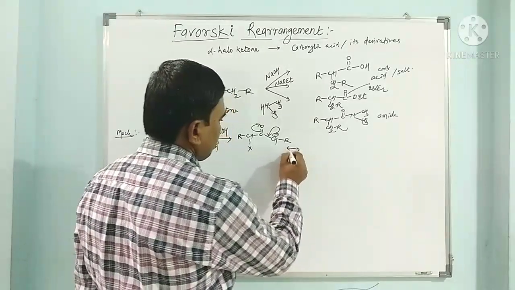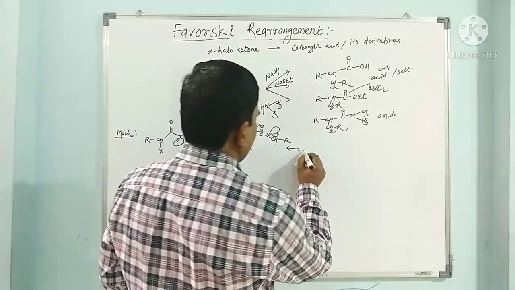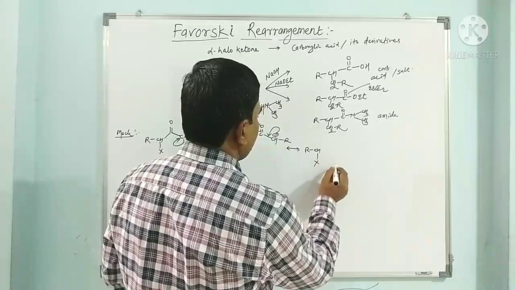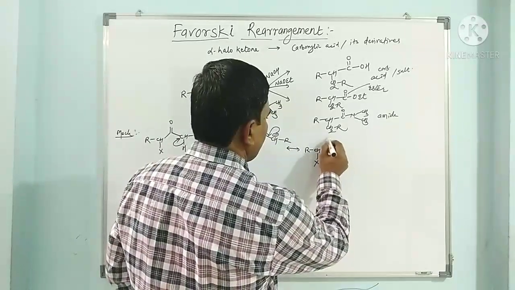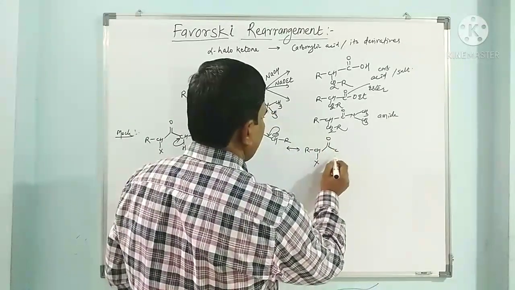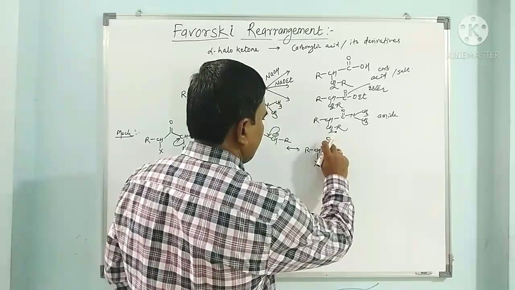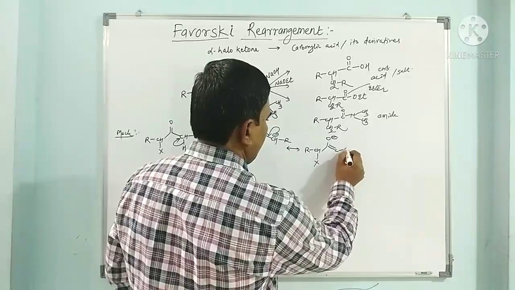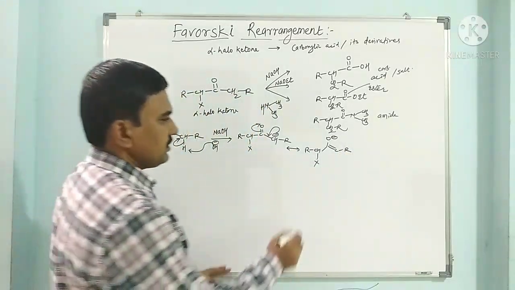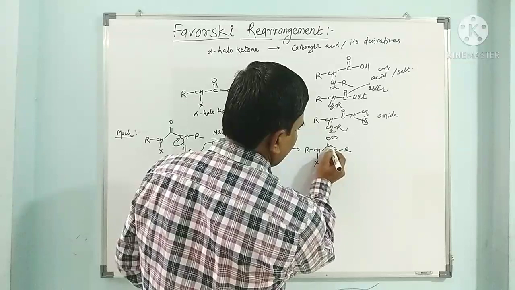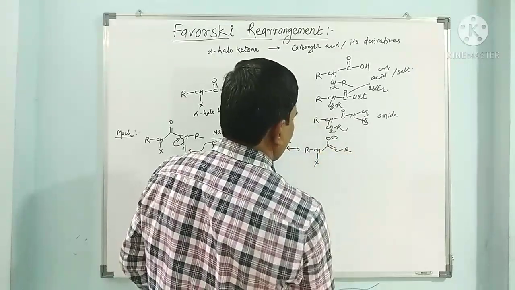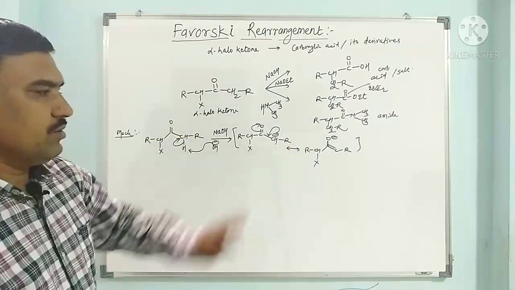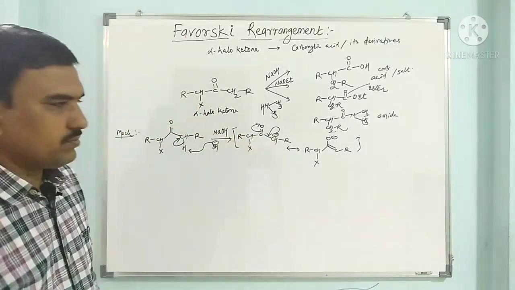In this enolate we get R CH, here this X, C double bond O, here there is oxide, and here this R. So here this is enolate we get.